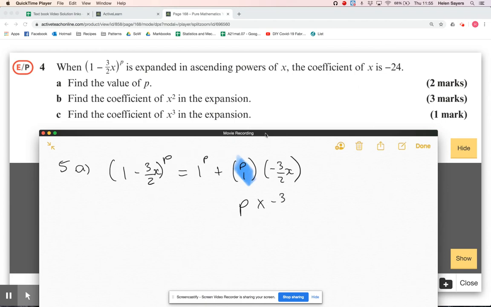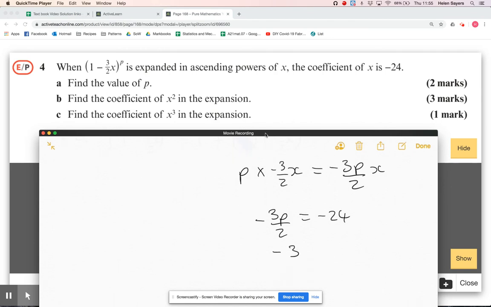So the coefficient of x is p times minus 3 over 2, so minus 3p over 2. Okay, so the coefficient is minus 3p over 2, and I'm told that should equal minus 24. So if I multiply up by 2 and divide by minus 3, I get p is 16.